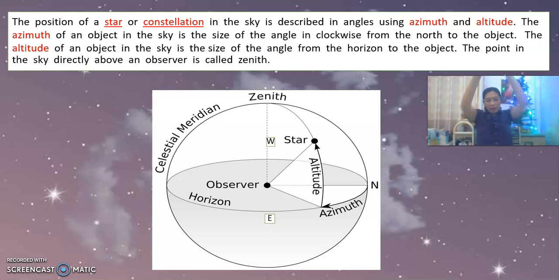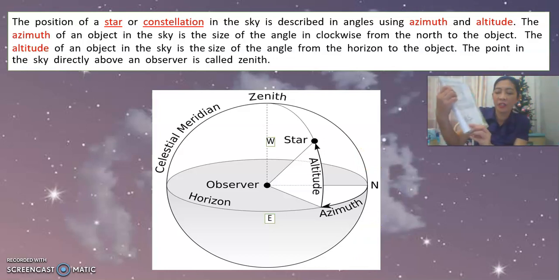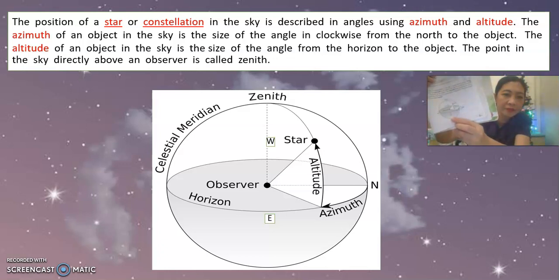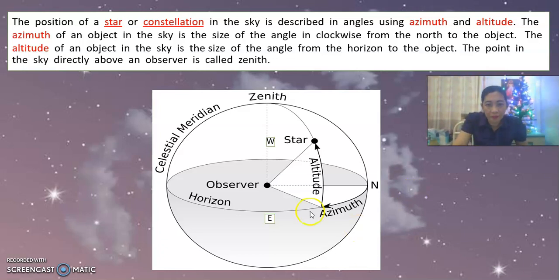So the zenith is 90 degrees. From the north up to here is 90 degrees.